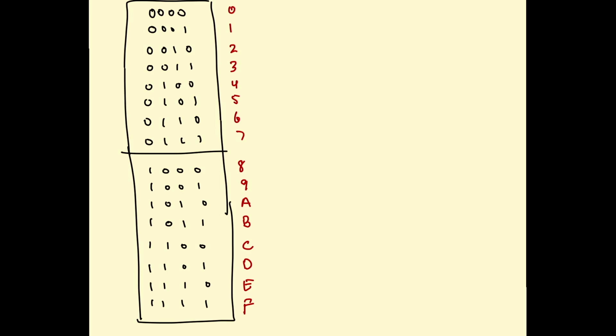And it is a shorthand. In some sense, you can think of it as a shorthand for binary. Each hexadecimal character is sort of equivalent to 4 bits. And you'll see the utility of this in a moment.